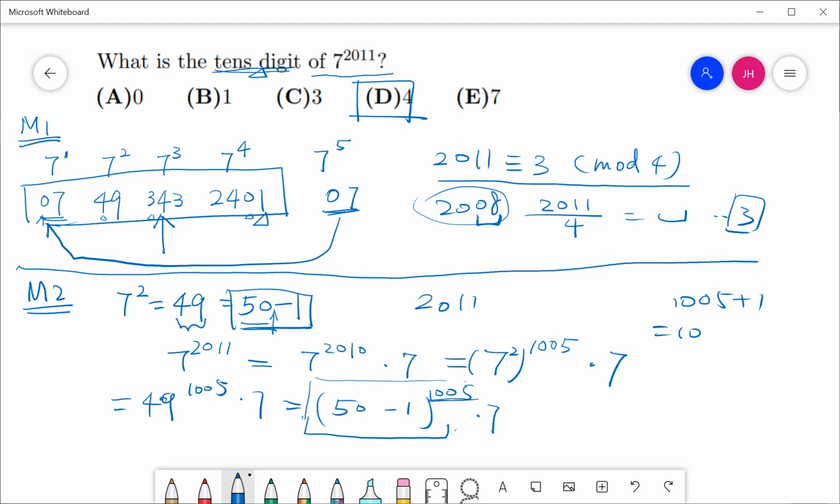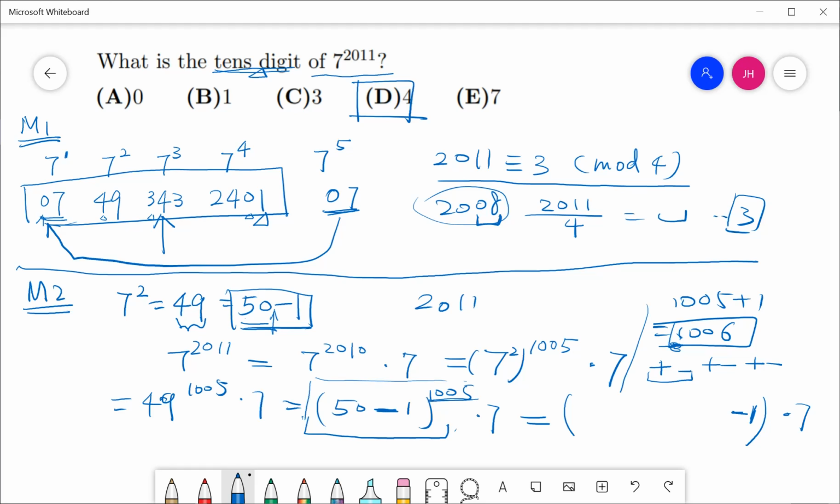So there are 1006 terms, and there is a pattern of the negative sign in the binomial expansion. The first is positive, then negative, positive, negative, and so on. And this is an even number, so the sign of the last term has got to be negative. So this equals something times 7. The last term is minus 1, because 1 to the 1005 is still 1.